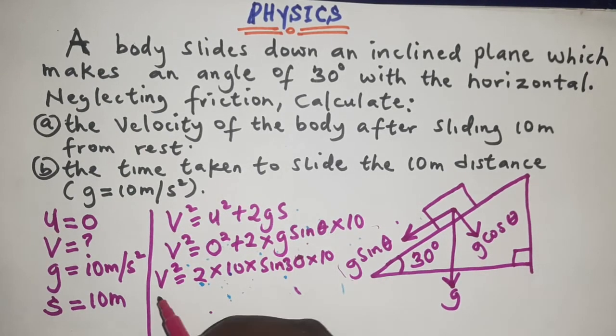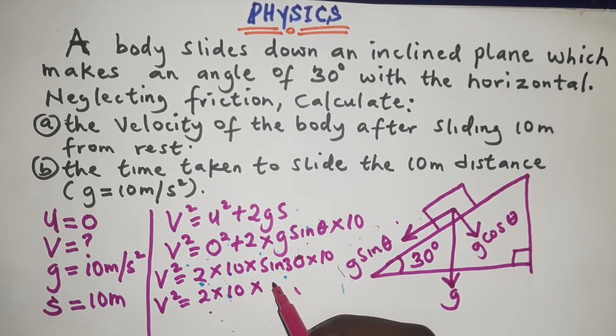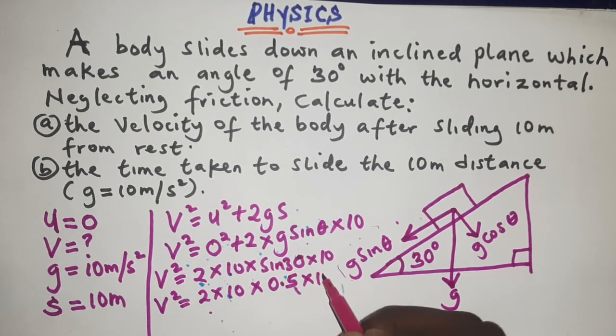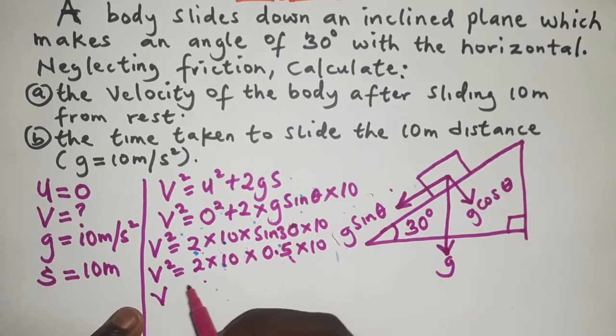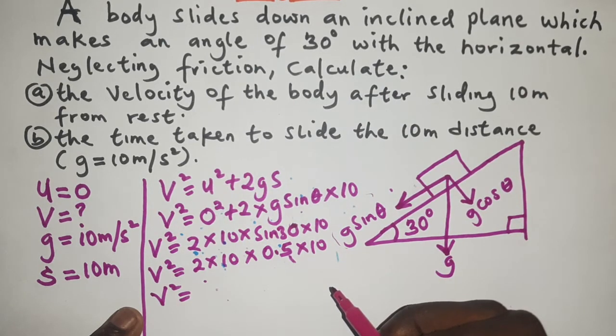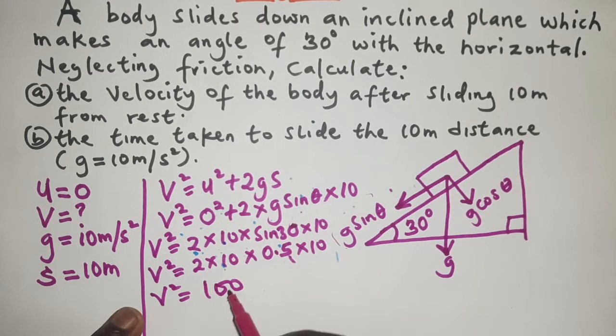So we now have v squared equals 2 times 10 times sine 30, which is 0.5, then times 10. 2 times 10 is 20, then 20 times 0.5 is 10. Times this 10, you have 100. So we have v squared equals 100.